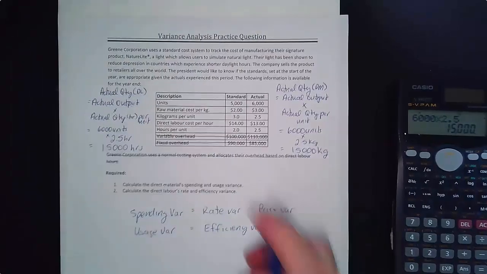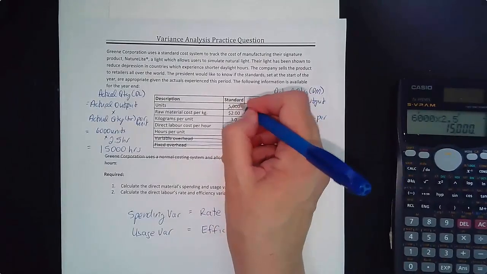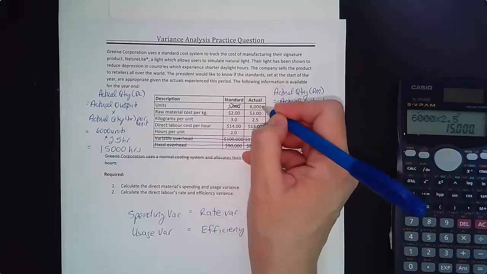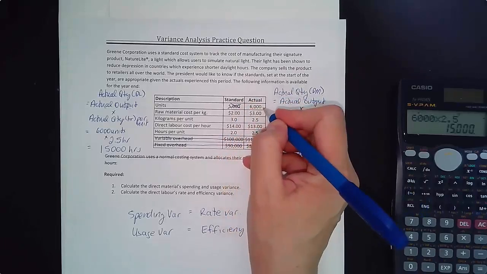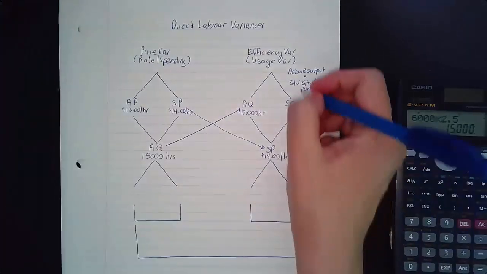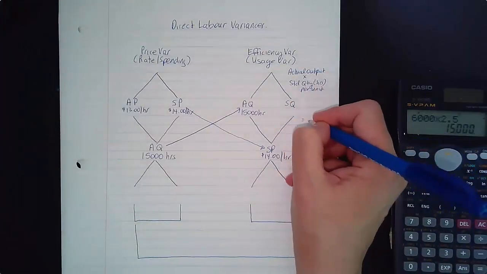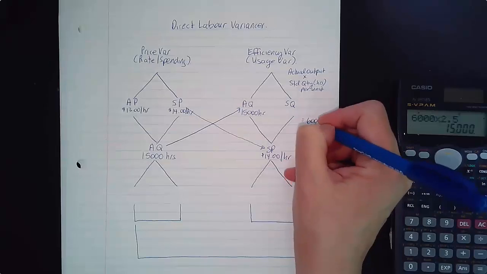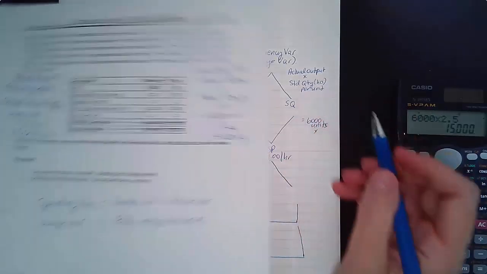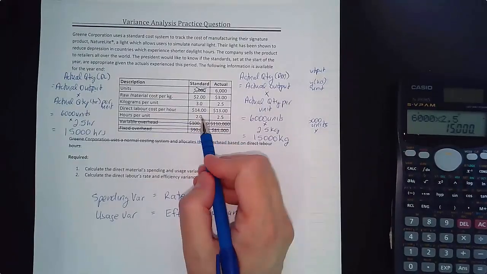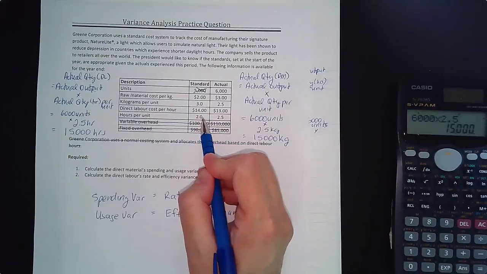Instead, they use the units that are standard, the 5,000. No, never use that. We literally never use this. So use the actual 6,000. So this is equal to, I'm going to fill it out down here, 6,000 units multiplied by the standard quantity per unit. Standard quantity per unit is 2. 2 hours per unit is standard.